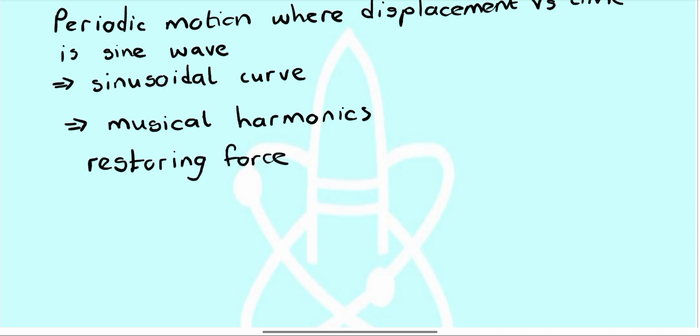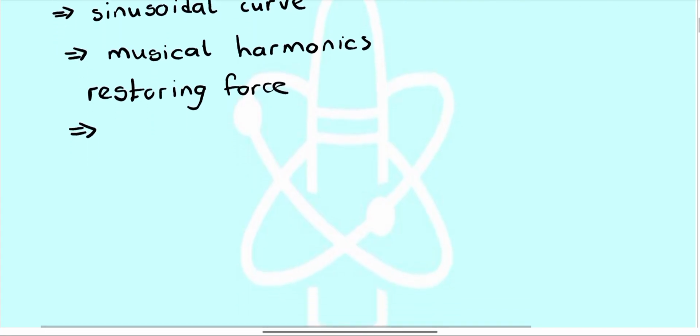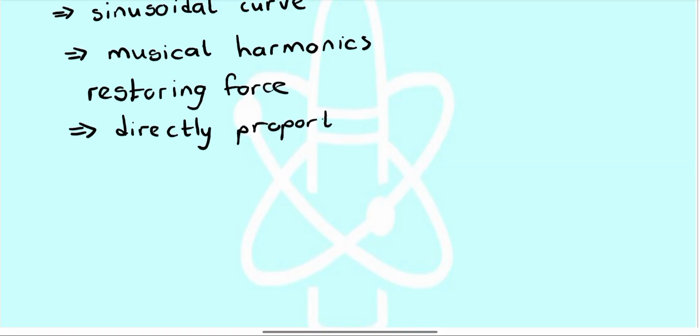One thing you have to know, and I will give an example shortly with a spring, is that it is directly proportional to the displacement from the equilibrium.